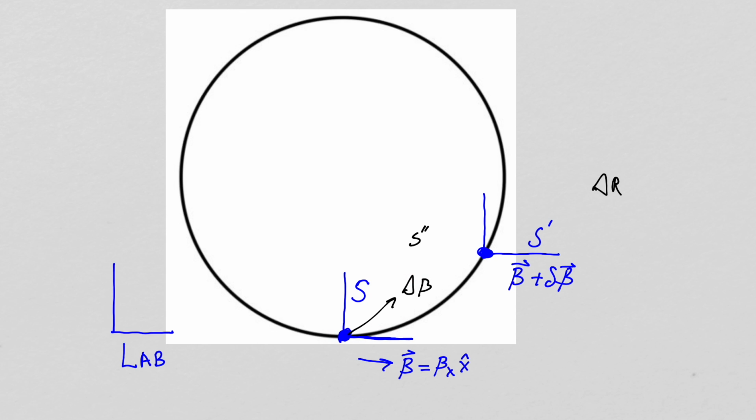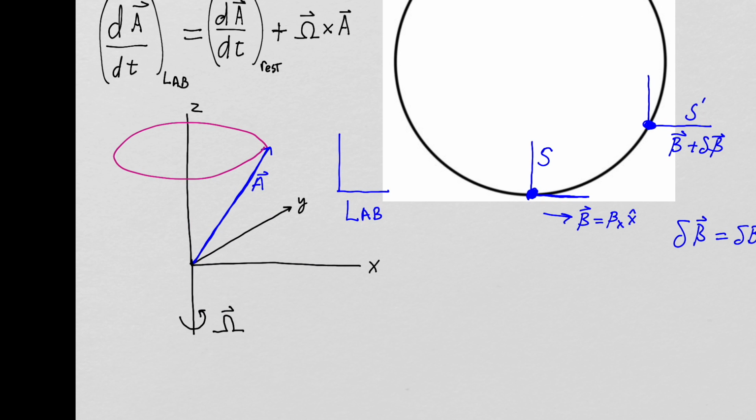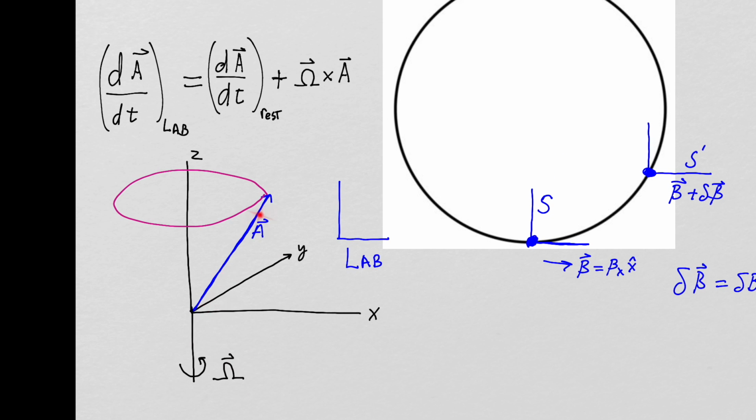And the reason we're interested in the inertial frame is because all the laws of motion apply in the inertial frame. In particular, one of the laws we're interested in is this precession, right? If you have a vector A that's precessing in a reference frame, in this case the reference frame of the electron, and A would be the spin of the electron, if it's precessing, that's fine.